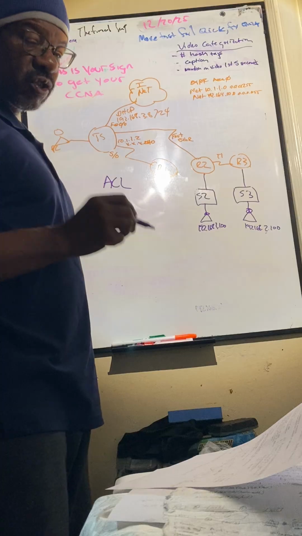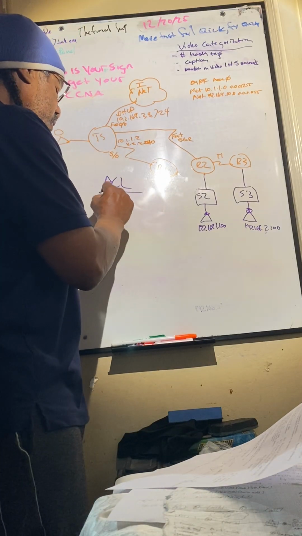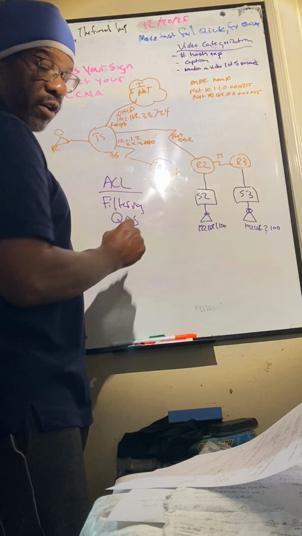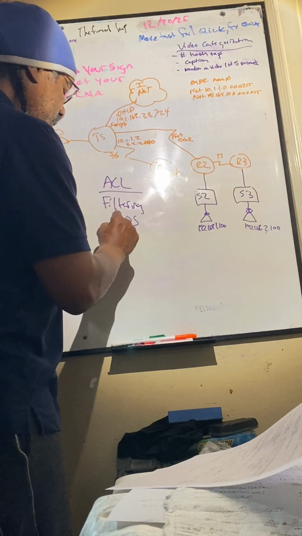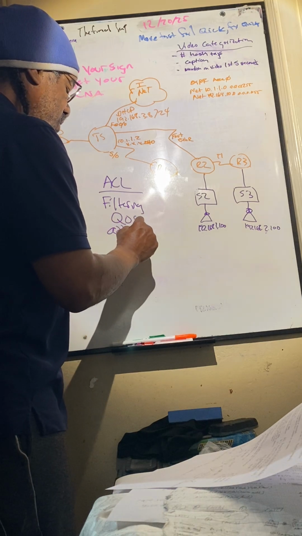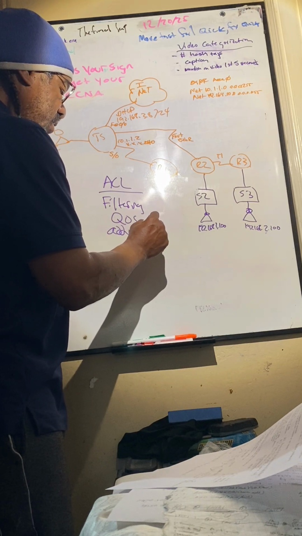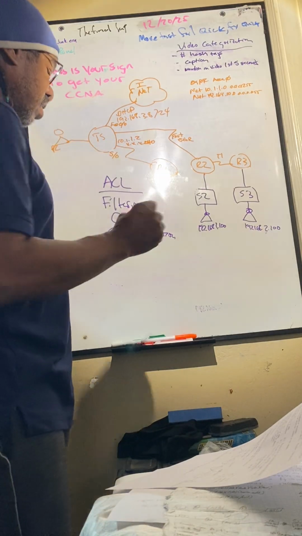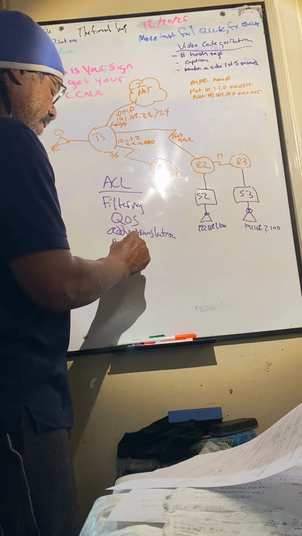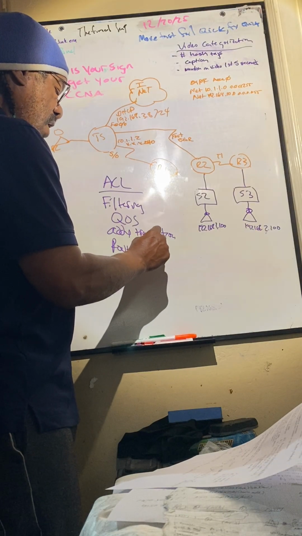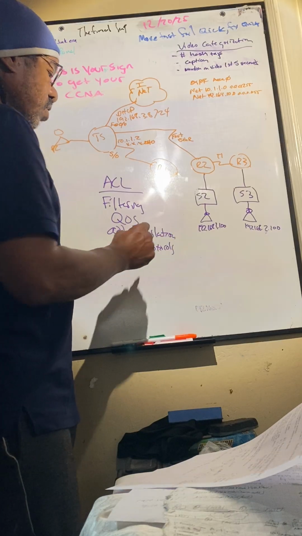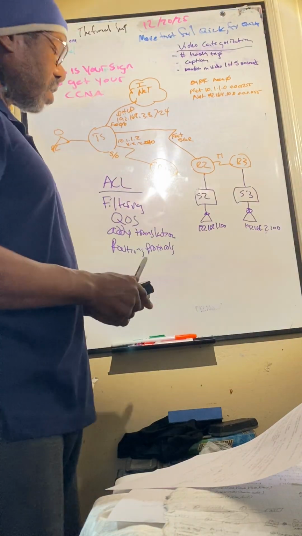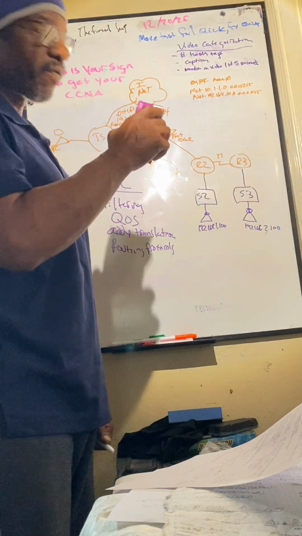Access lists are used for typically four things: filtering, quality of service, address translation, and routing protocols. We're going to filter.